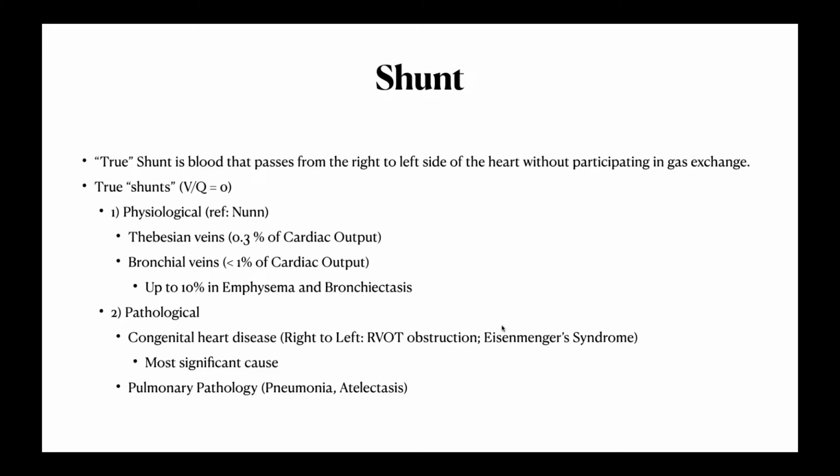What happens is that the increase in blood flow causes pulmonary hypertension and then leads to that reversal of shunt. So you've gone from left to right now to right to left, okay? Congenital heart disease is probably the most significant cause of shunt, and that will be present in the pediatric population. And that's where you will see a lot of low saturations with those patients.